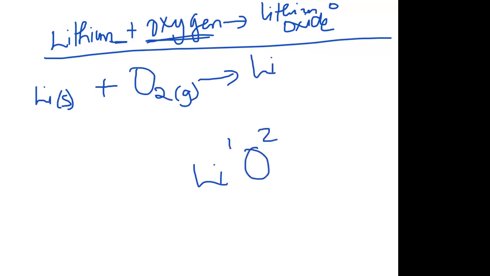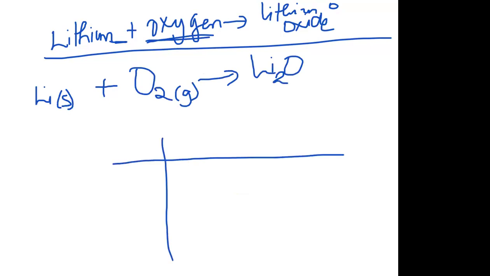I write it without the plus or the minus. So this is 1, this is 2. So it's Li2O. So you realize it's the same formula like sodium and oxygen, right? Ready?